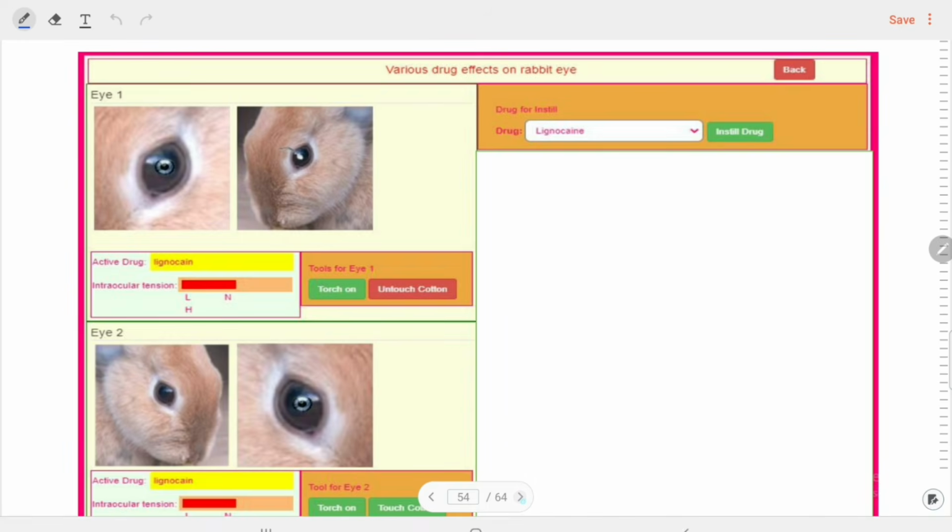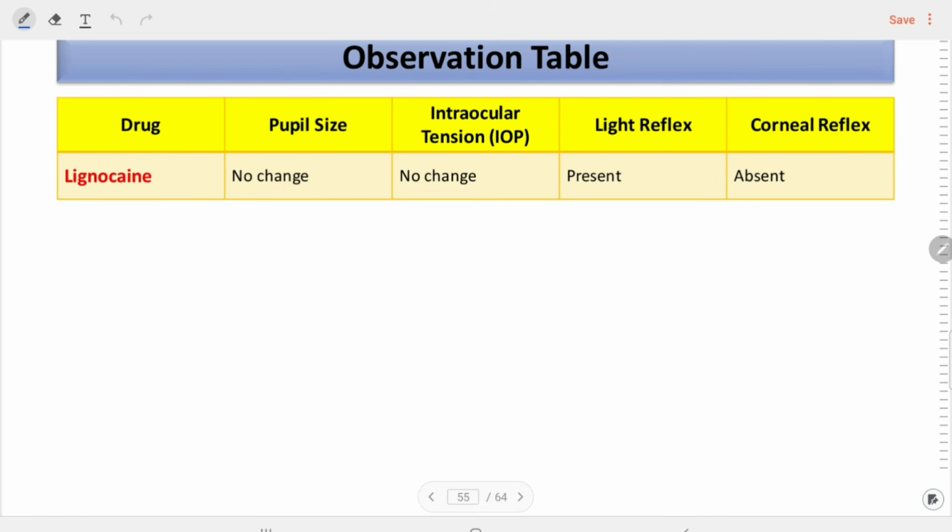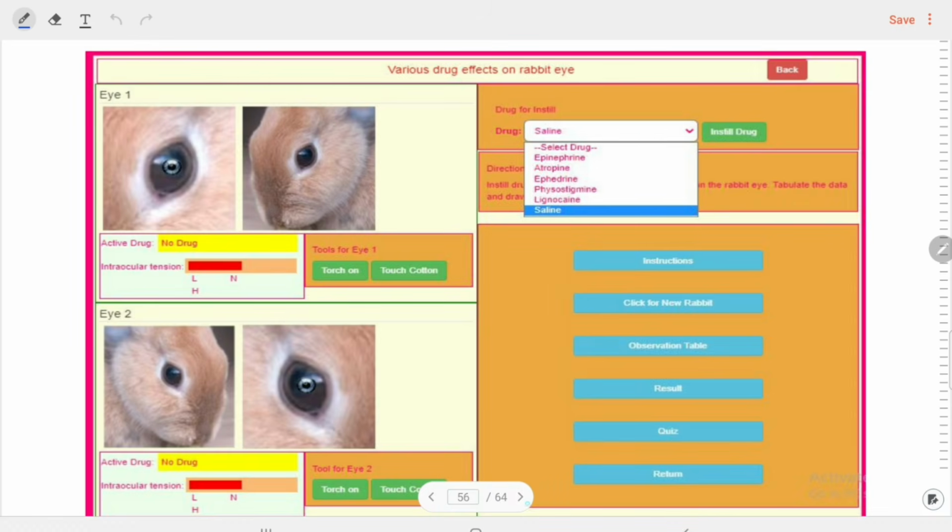Now corneal reflex is absent because of the blocking of the sodium channels. The final effect after giving the lignocaine: no change in the pupil size, no change in the intraocular tension, but the light reflex is present because of the M3 receptor activation through the light, and corneal reflex is absent because of the sodium channel blocking. This is all about the rabbit eye experiment. Hope you understand.